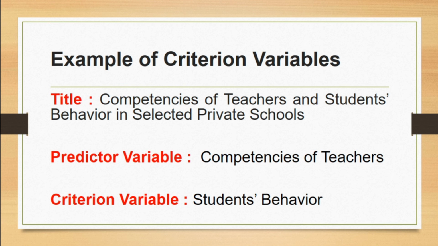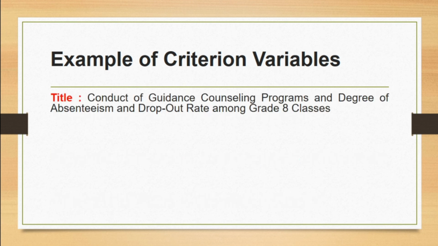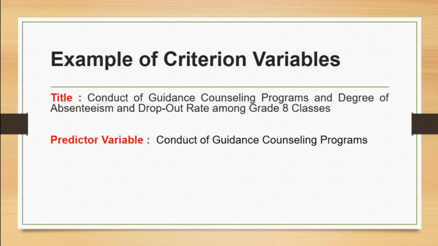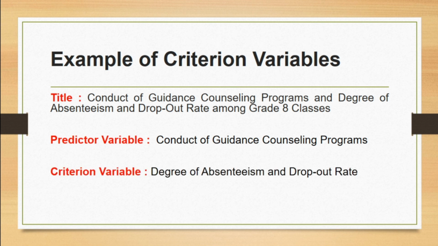So, ayun siya. Another example: Conduct of Guidance Counseling Program and Degree of Absenteeism and Dropout Rate among Grade 8 Classes. Ang predictor variable niya is the conduct of the guidance counseling program. And ang magiging criterion niya is ang degree of absenteeism and dropout rate.